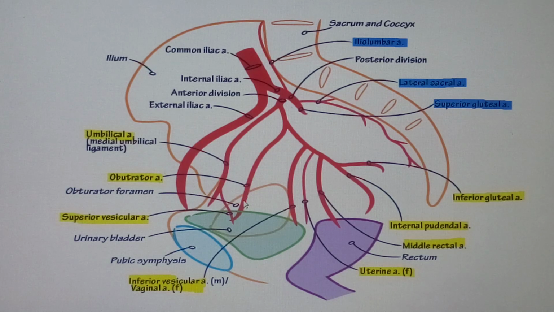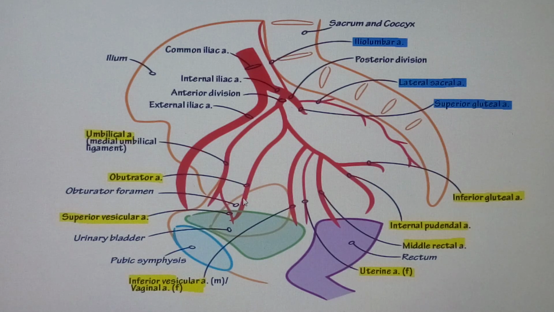It is through this obturator canal that the obturator artery will run and exit the pelvic cavity, going to supply the medial compartment of the thigh. When it gets there, it supplies those muscles of the medial compartment. So that is the orientation: you should see it leaving through the obturator canal.